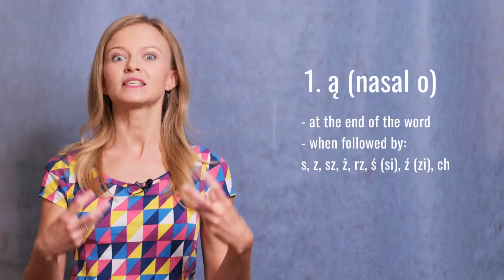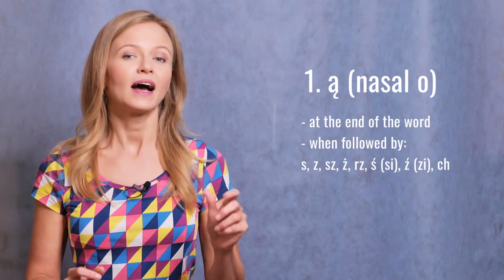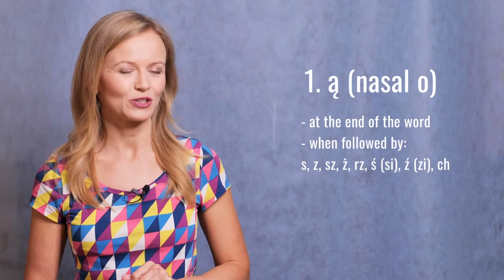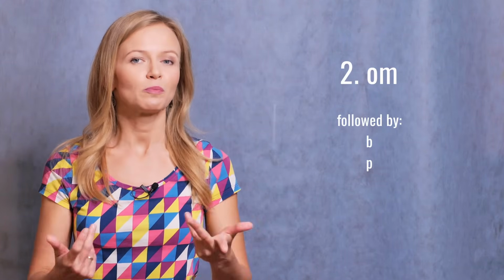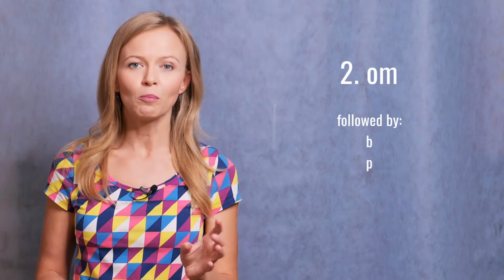This is nasal O. So on, at the end of the word and before these letters. But actually, when on is followed by B or P, we pronounce it as om.